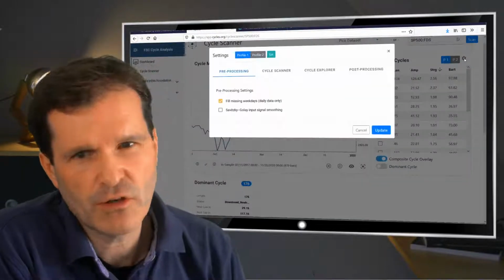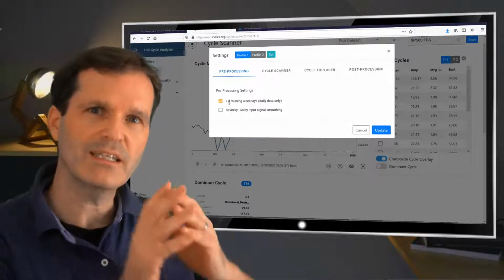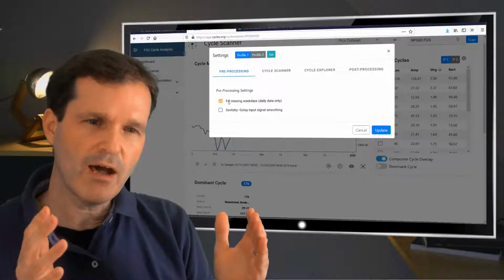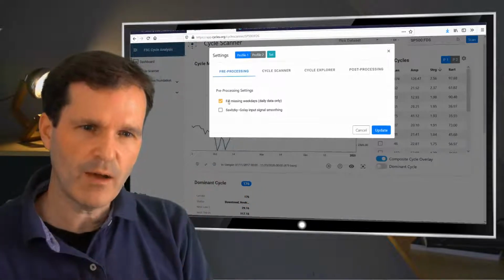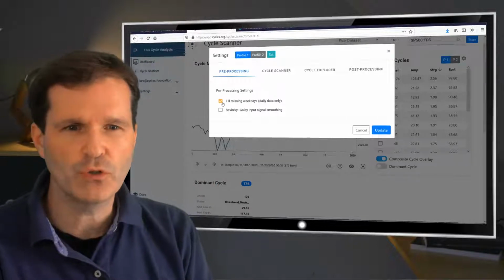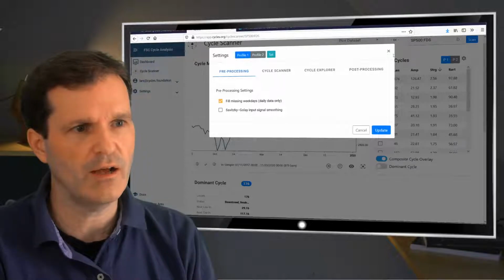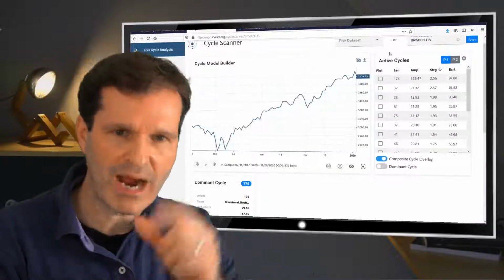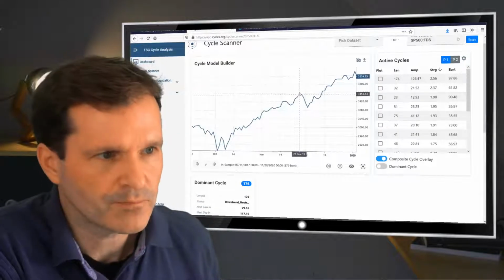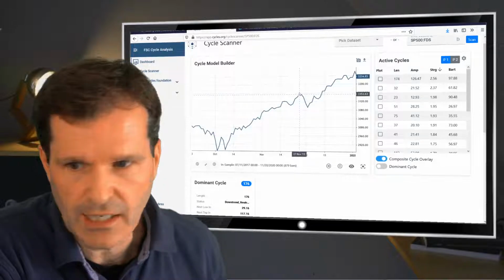You can adjust the configuration if you'd like to skip holidays, or if there are missing weekdays, you can, but it's pre-selected by default so that missing weekdays will be filled, but not weekends. So a bar is a day in this case. It's a standard time frame, and it's trading days and not calendar days.